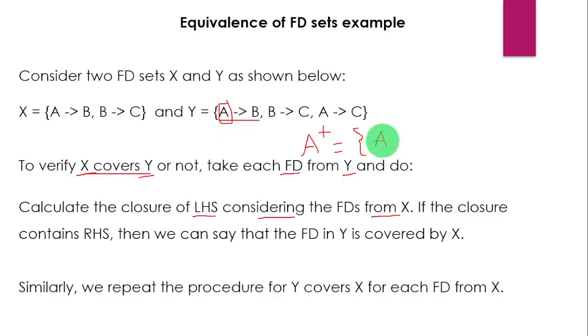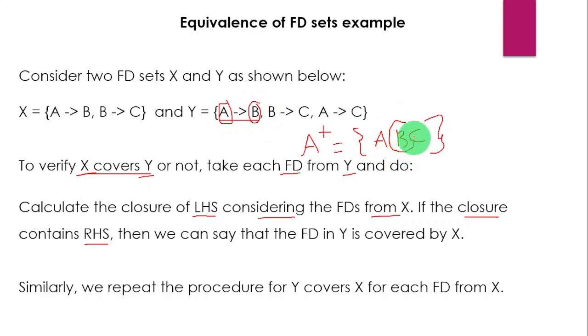What is the closure of A? First of all, we include A. Then from A we get B, and from B we get C. So I can write A, B, C. After finding the closure, what should we do? If the closure contains the RHS, which is B, is there B in the closure?